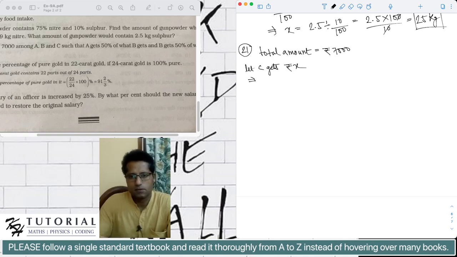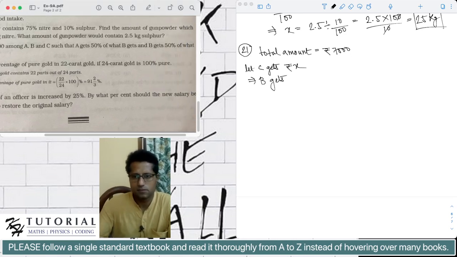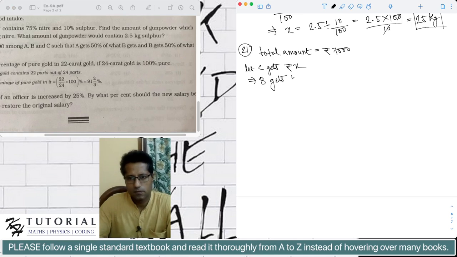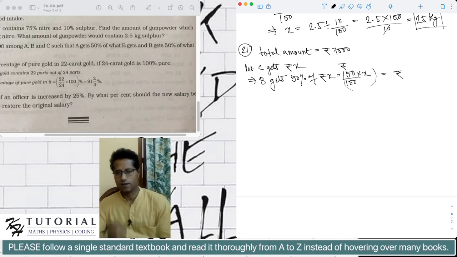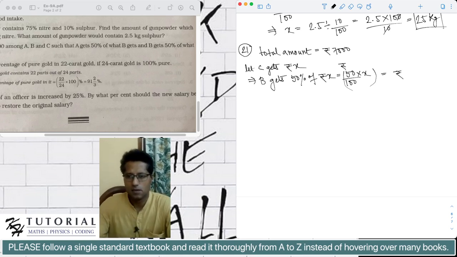So this implies B gets, it is given that B gets 50% of what C gets. So B gets 50% of rupees X, which is equal to 50 by 100 into X rupees. If you simplify 50 by 100 into X, it is rupees X by 2.